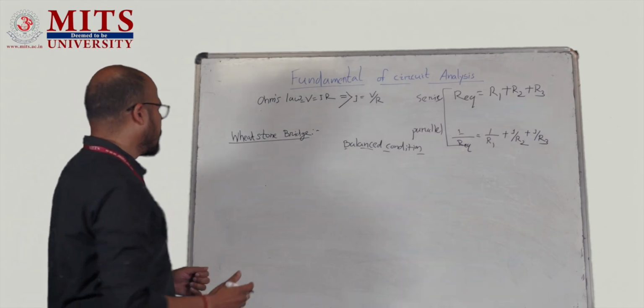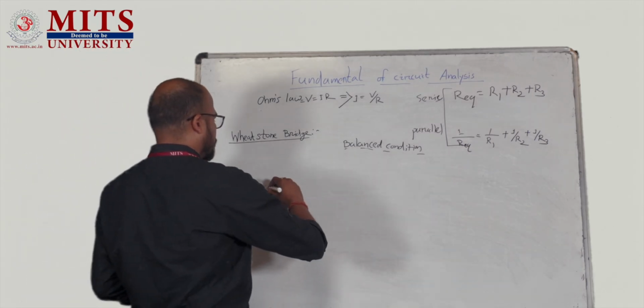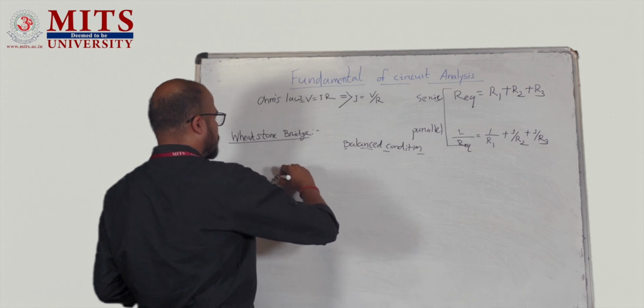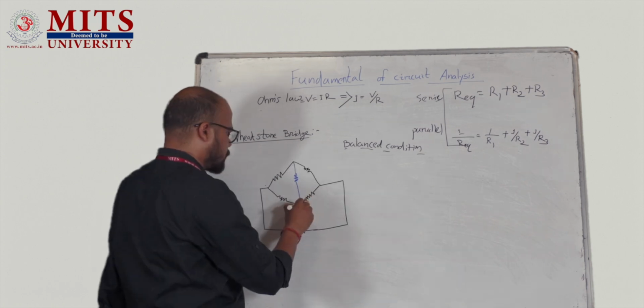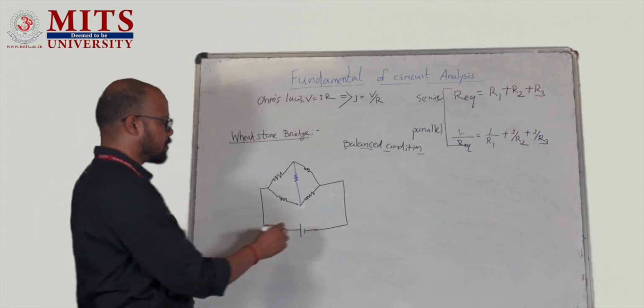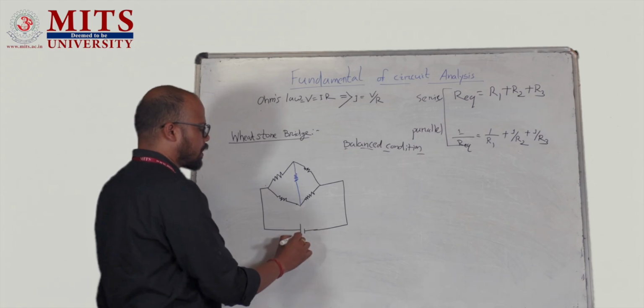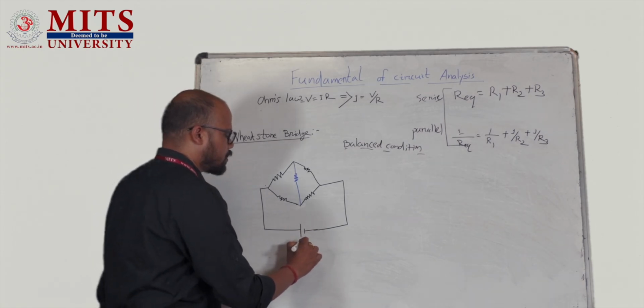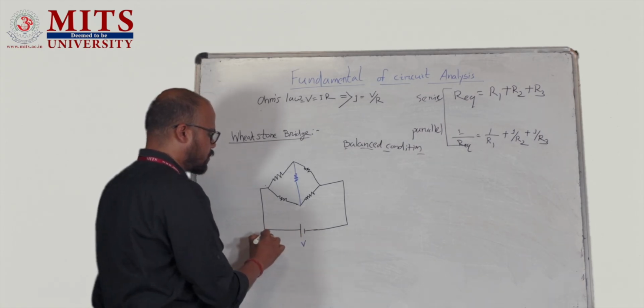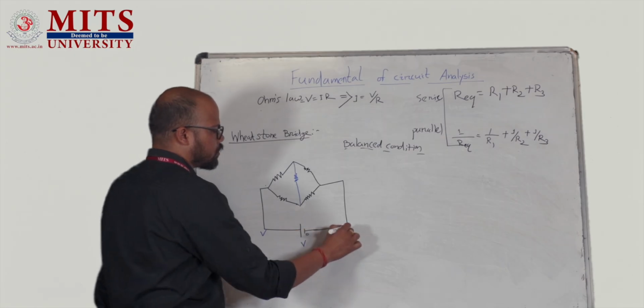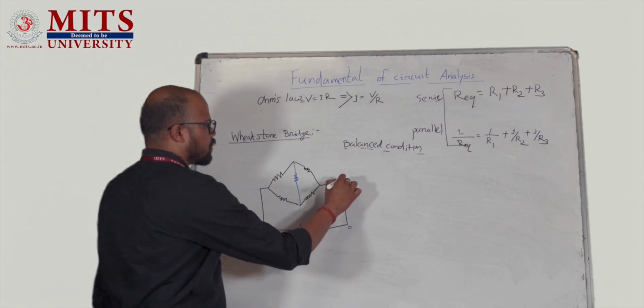Now let us consider 5 resistors. Let us consider this is the positive terminal of the battery which is having voltage V. So here also the voltage will be V. Here 0, so here the voltage will be 0. Here also 0.